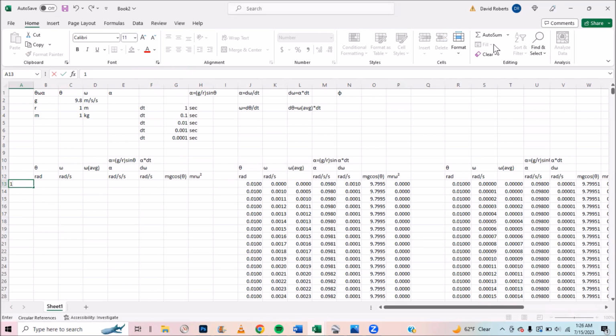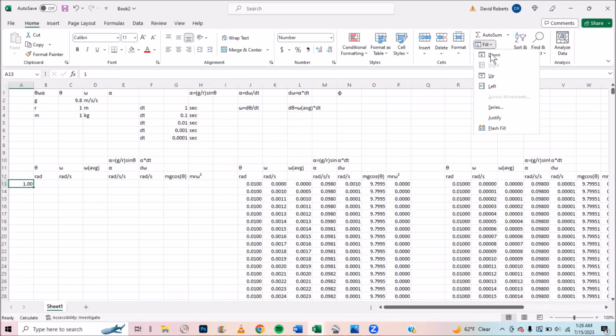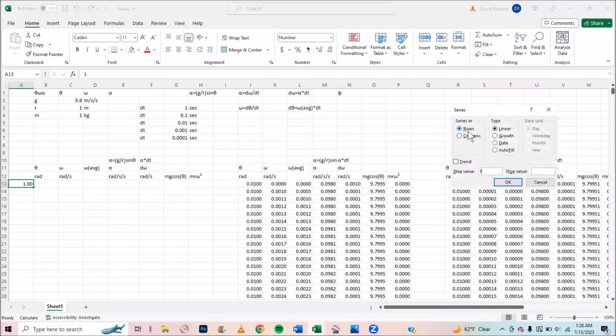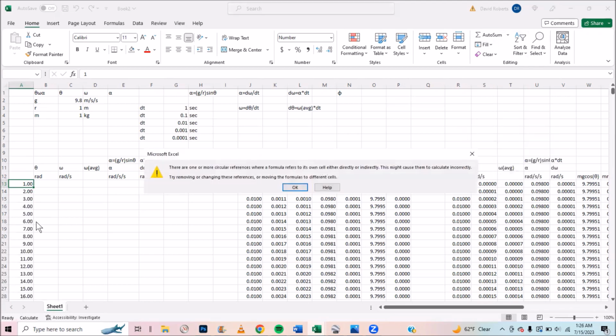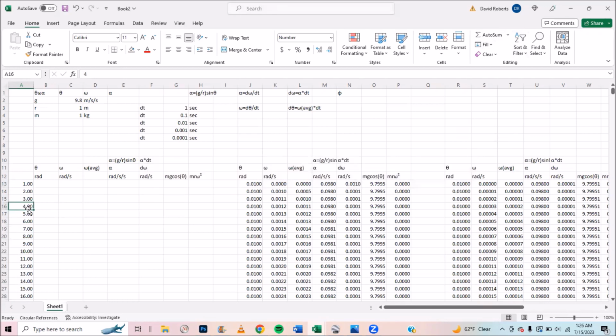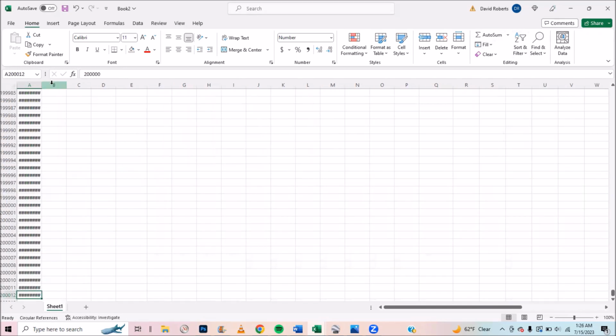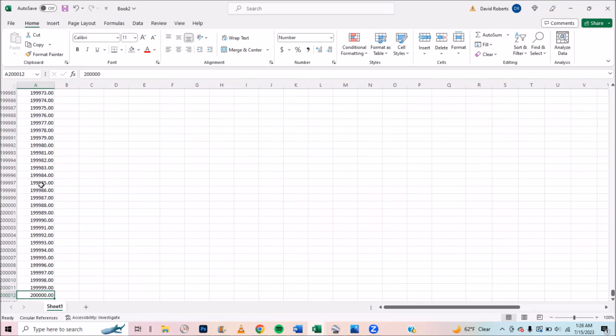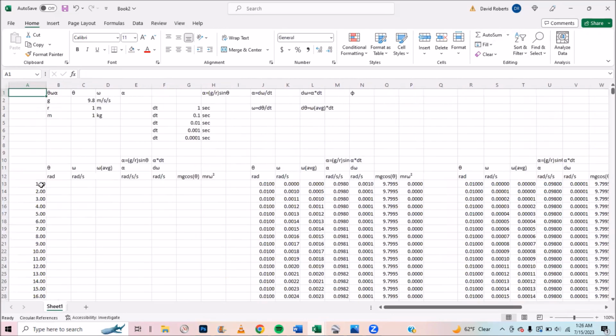So we type a 1 right here, go to fill, go series, go column, because this is a column, linear, step value 1, stop value 200,000. Did I even get the zeros right? No, because this is going to take a half hour just to do that. But there you go. So now you got to 200,000.